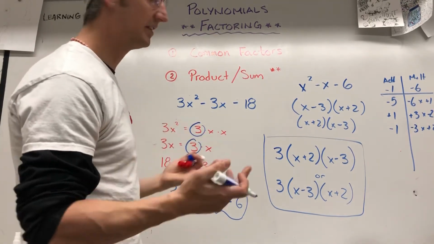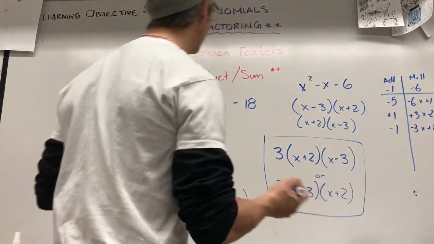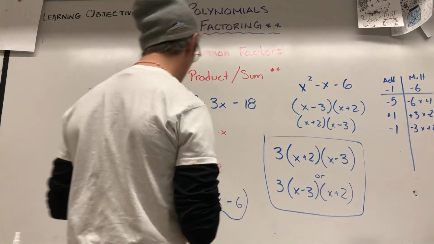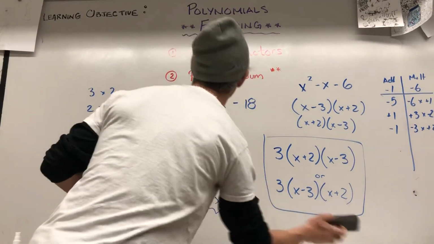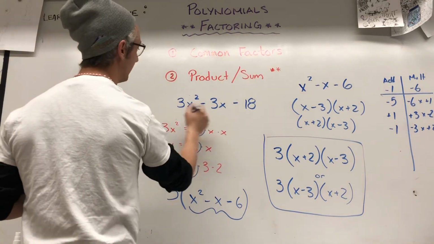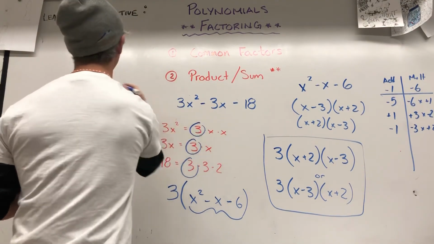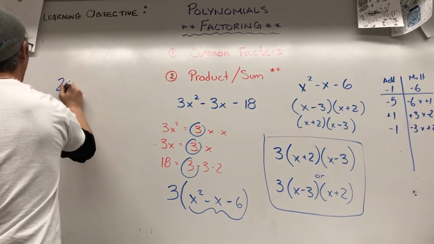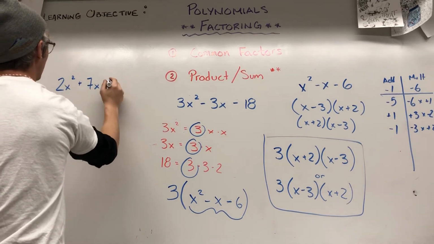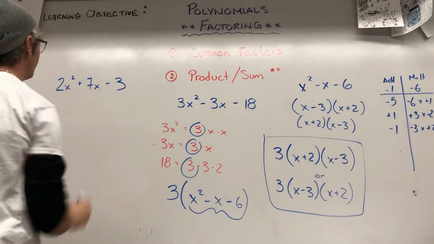Now the next step is going to be looking at the cases where it's a similar situation, but we can't pull out any common numbers. So say I had something like 2x squared plus 7x minus 3. Okay?